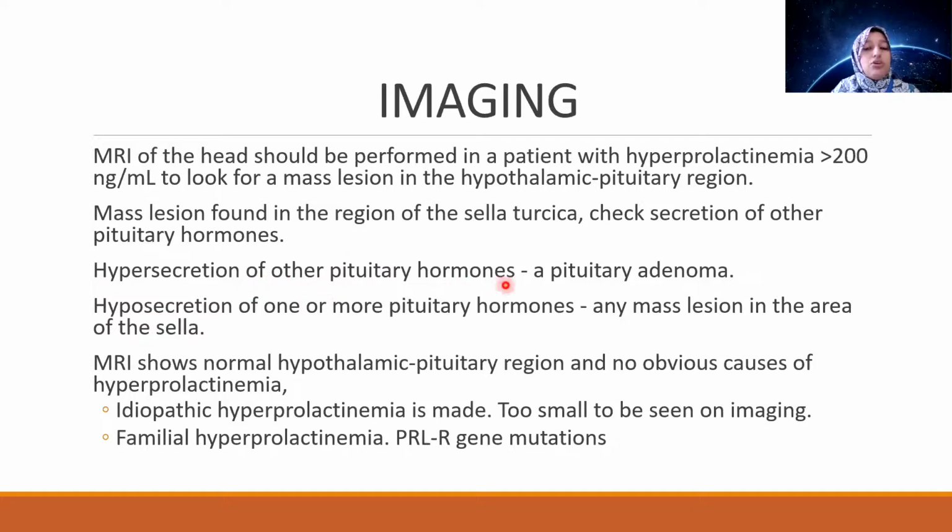Hypersecretion of other pituitary hormones would be found if there is a pituitary adenoma, and hyposecretion of one or more pituitary hormones may be found if there is no pituitary adenoma but there is a mass lesion in the area of the sella.